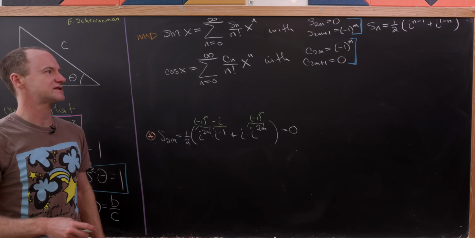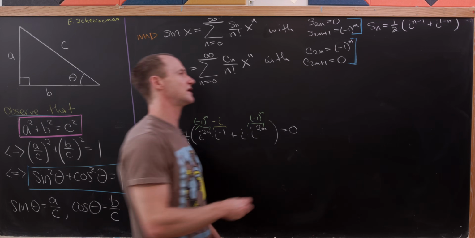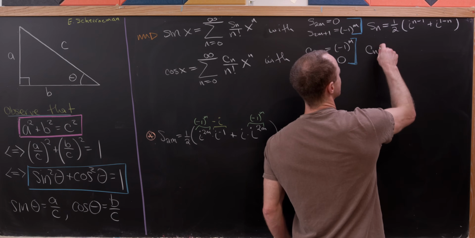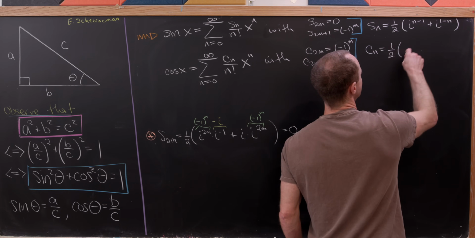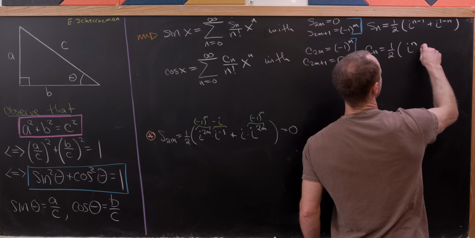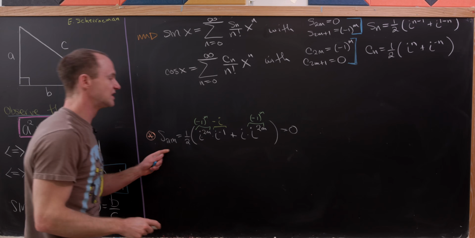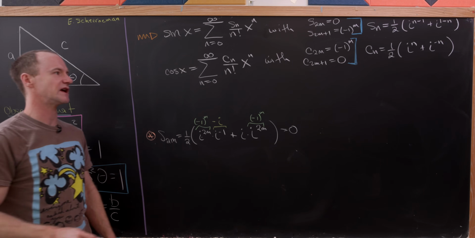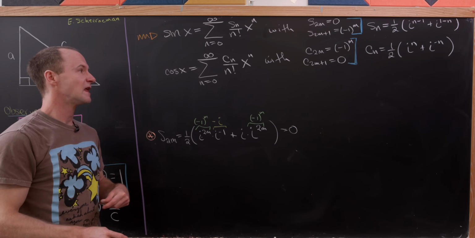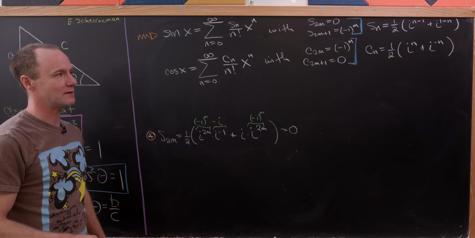Now, what about this sequence C? Well, it's going to be fairly similar. Here we'll have C_n is equal to 1/2 times (i^n + i^(-n)). And you can do your same checks just like this right here, that you get 0 when you need to, and you'll get (-1)^m when you need to.